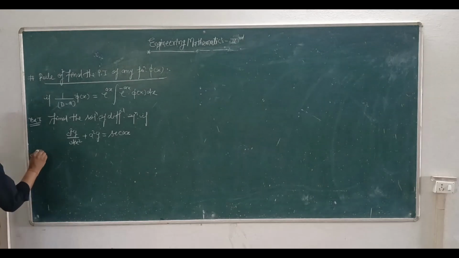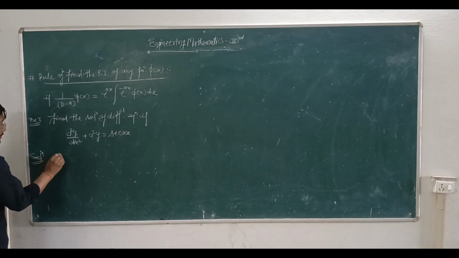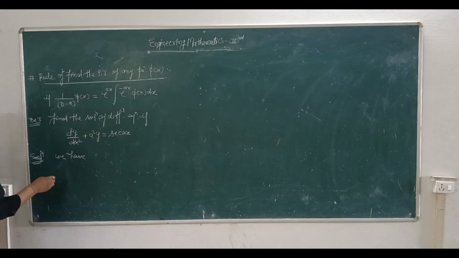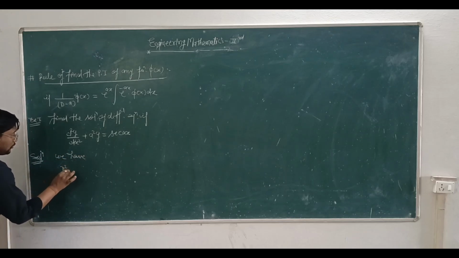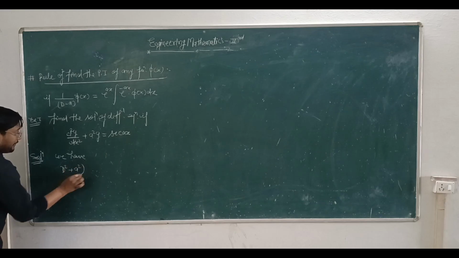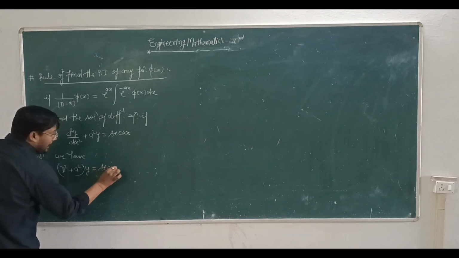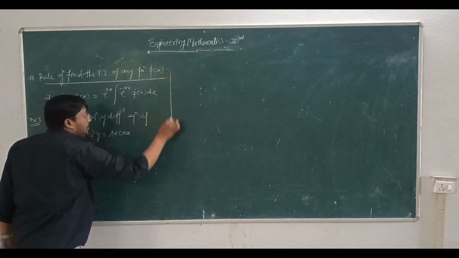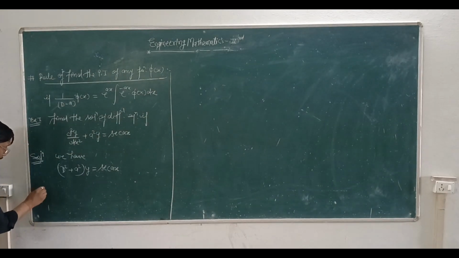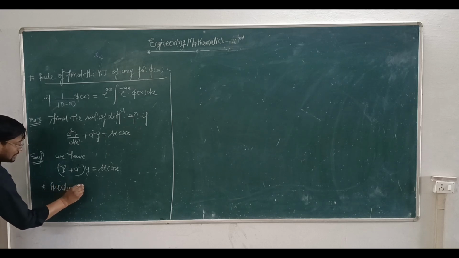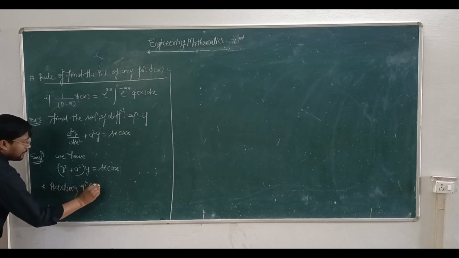Now the solution of this problem, first you can write, we have D2 plus a square y is equal to sec ax. First of all, you can find the AE, the auxiliary equation.